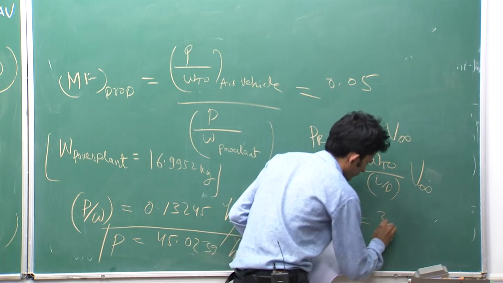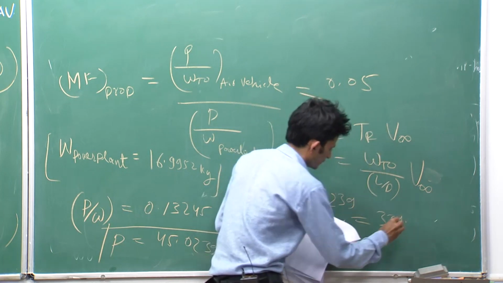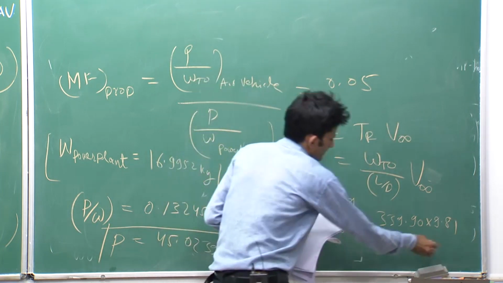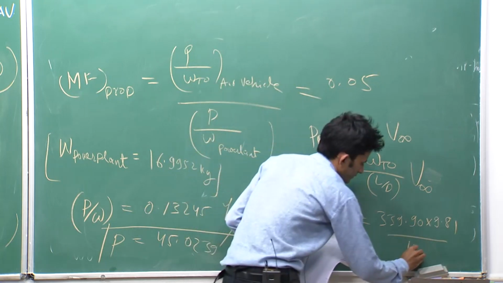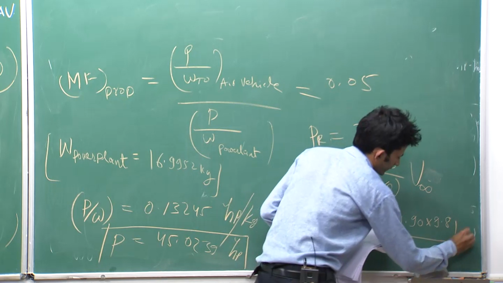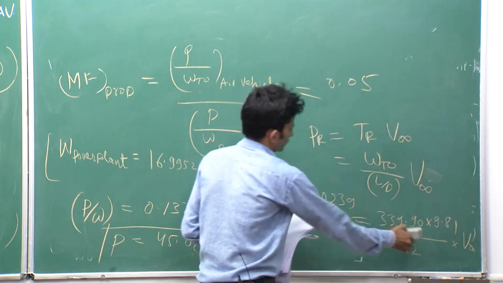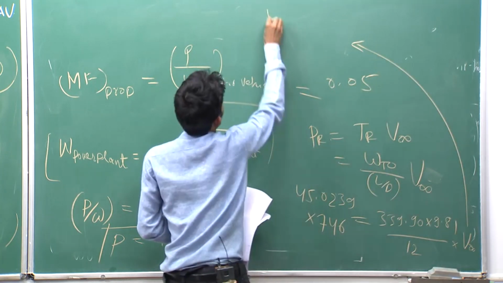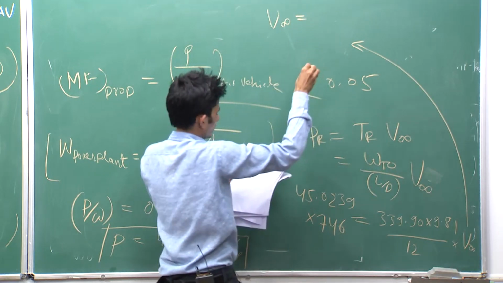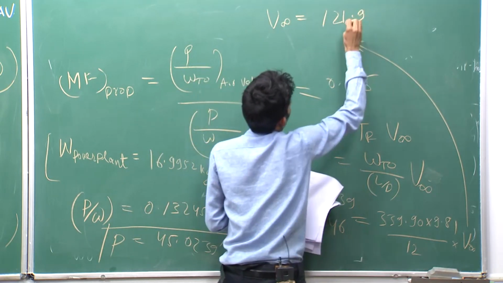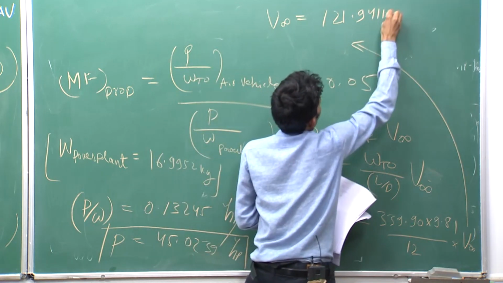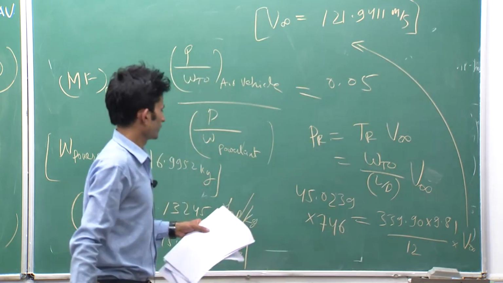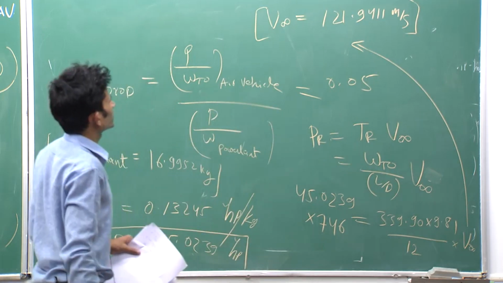W takeoff is 339.90 into 9.81 to convert into Newton, divided by L by D, given as 12, and V infinity you want. So V infinity comes out 121.9411 meter per second.